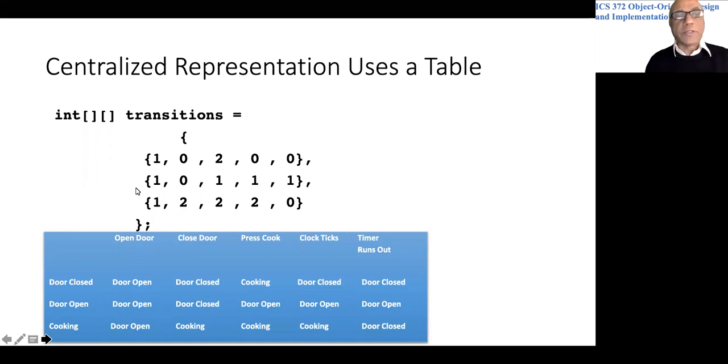Let's see how this works. This is a table, right? Two-dimensional entity. So we need a two-dimensional array. So we have int, one pair of square brackets for the first dimension. This is for the rows, and the second dimension is for the columns. So we have two pairs of square brackets, and the array name is transitions, and it has all these entries.